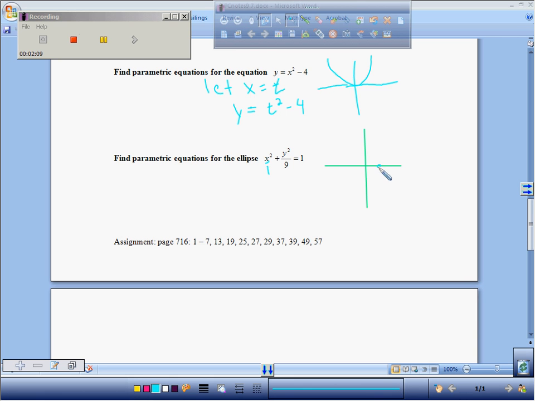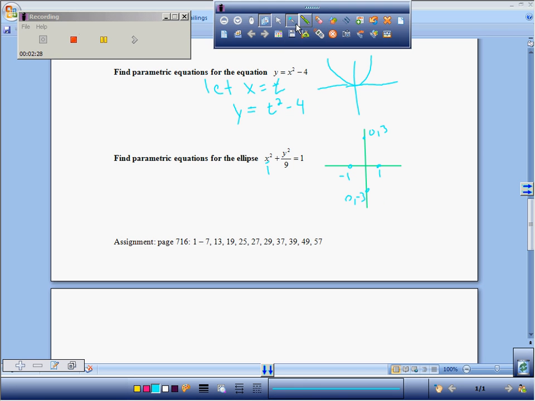To 1, right? And it would go over to -1, and then it would go up to 0, 3, because that's B over here. And then it would go down here to 0, -3.